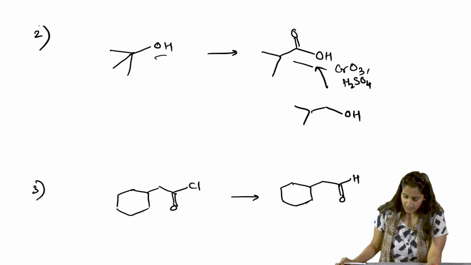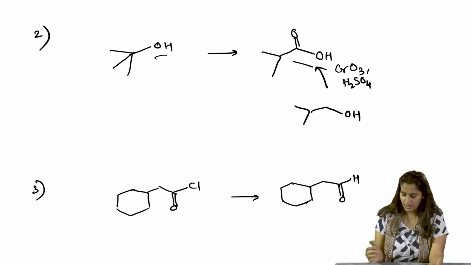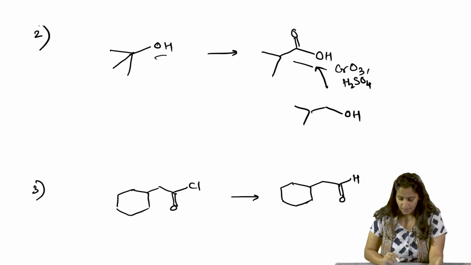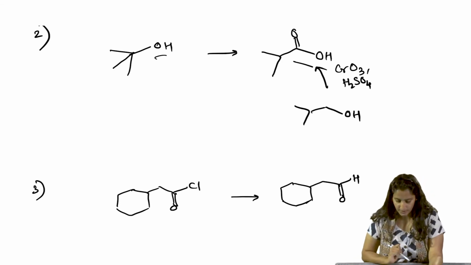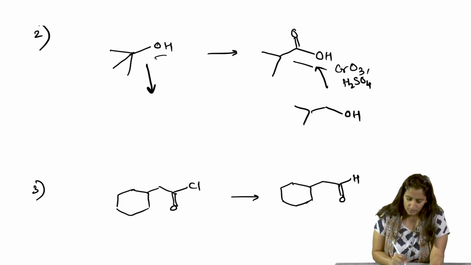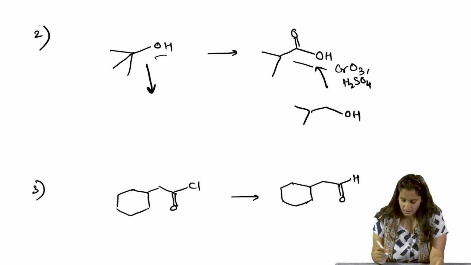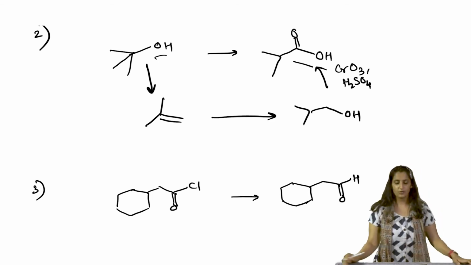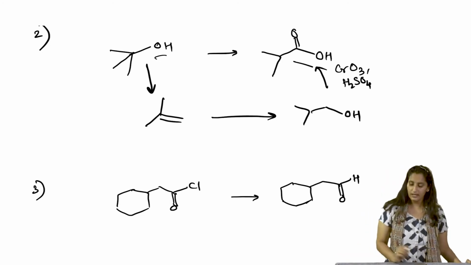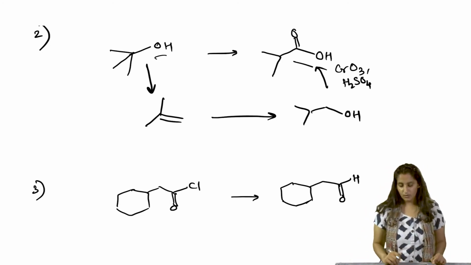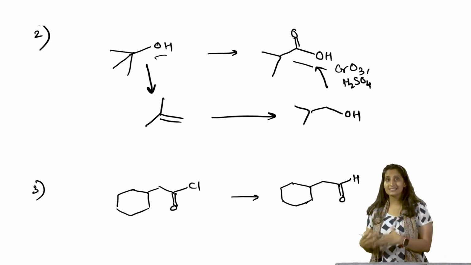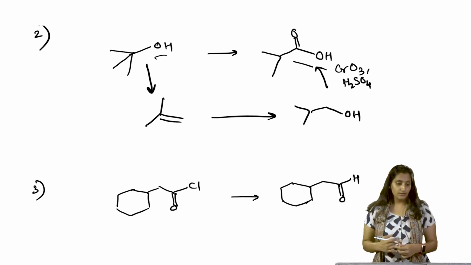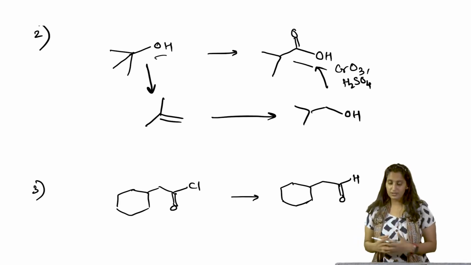Now, to get to this carboxylic acid, we have formed the alcohol, but how do I convert this alcohol over here? In order to do that, we will do the same stuff again, we will try to create the alkene, and then from alkene to alcohol is easier. How do I do that? If I have this alkene and I need to make the corresponding alcohol, I need to add the OH on the less substituted carbon.